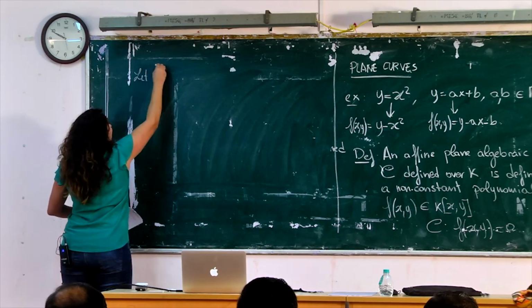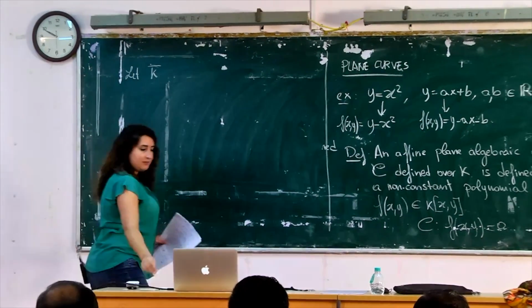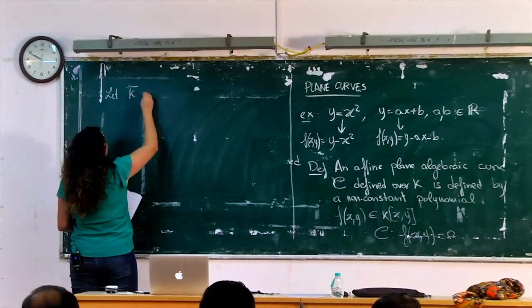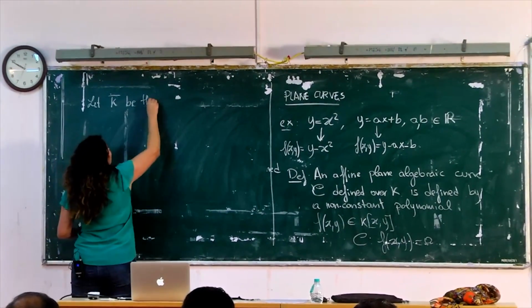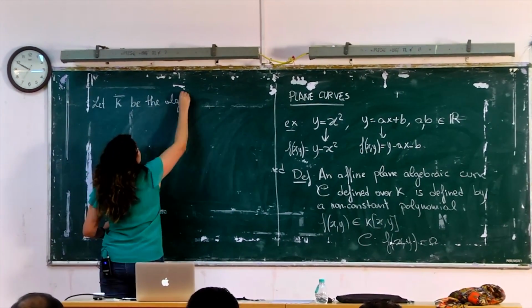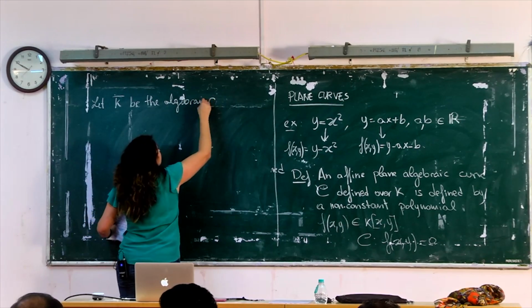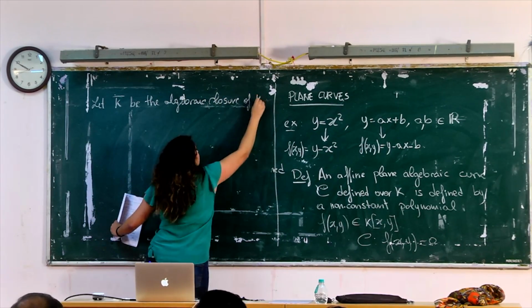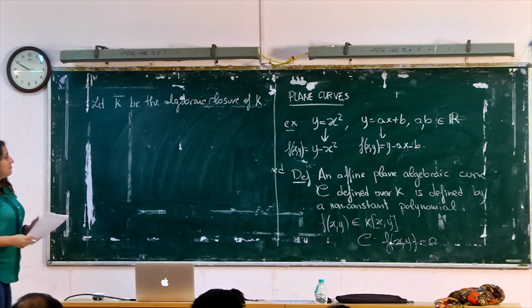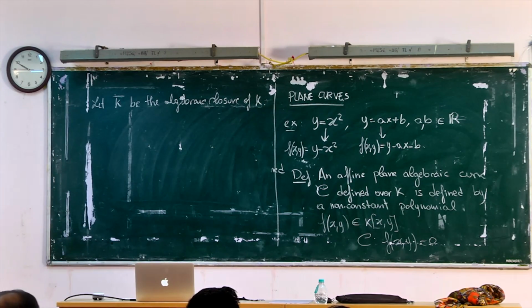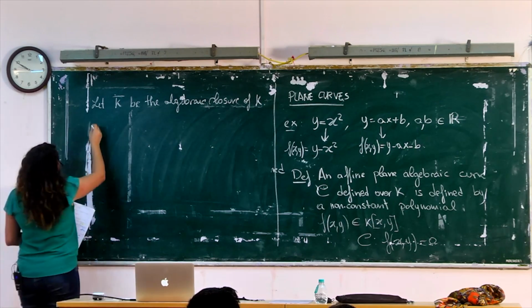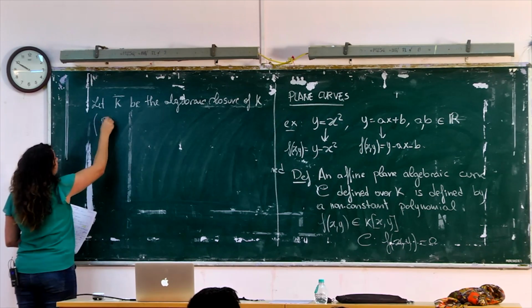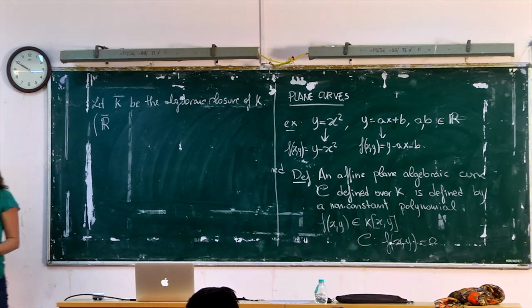We denote k bar, let k bar be the algebraic closure. I don't know if you have ever heard about this. Does someone can tell me what is the algebraic closure of R?